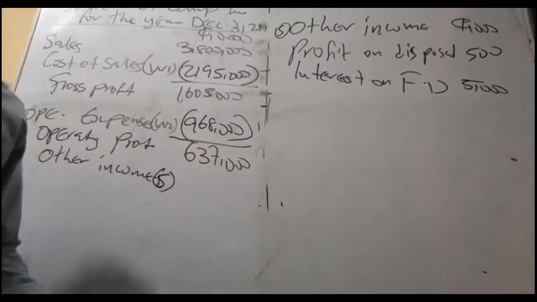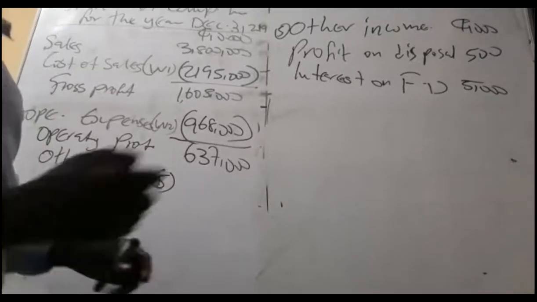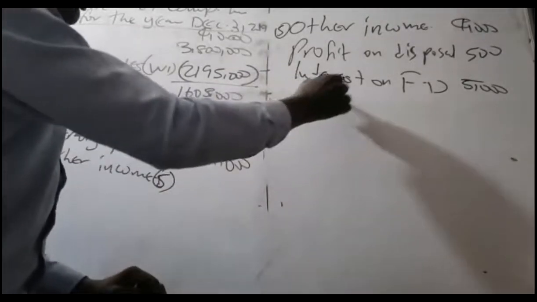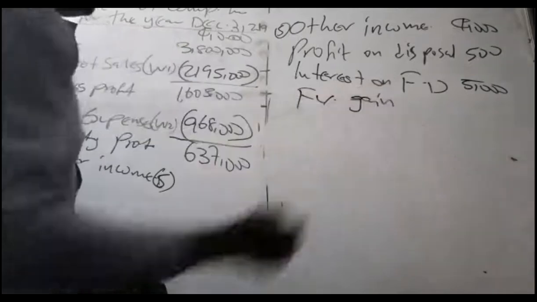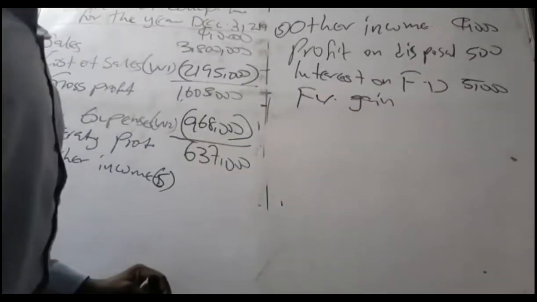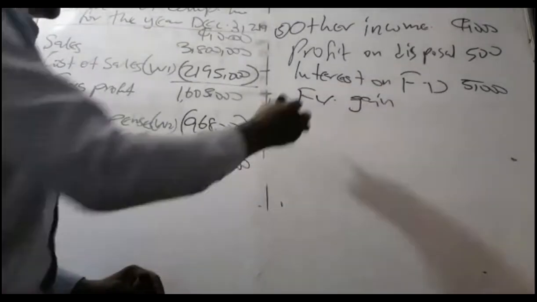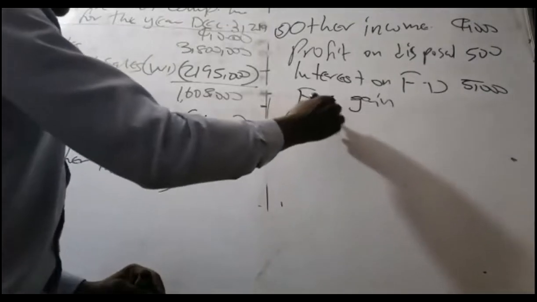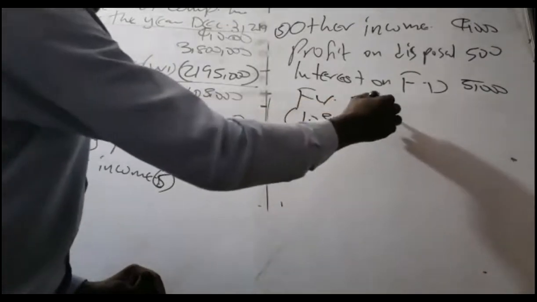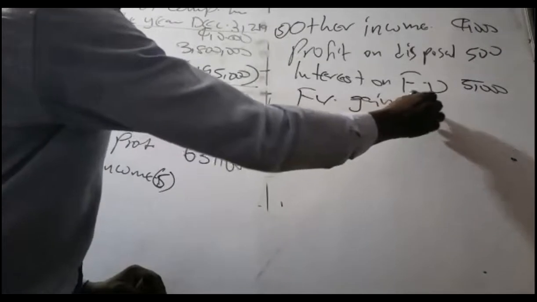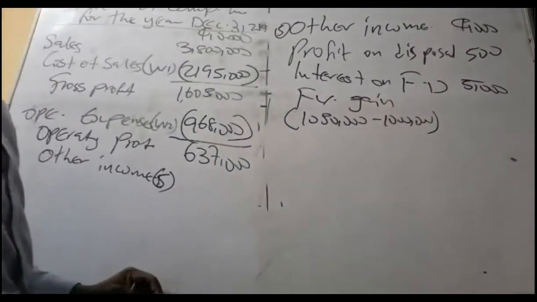Then let's look at the fair value gain. The fair value gain is the bracket, 1,050,000 minus 1,000,000. So that's the fair value gain of 50,000.